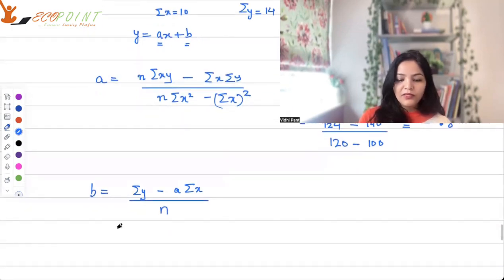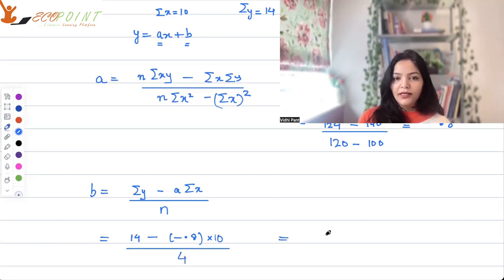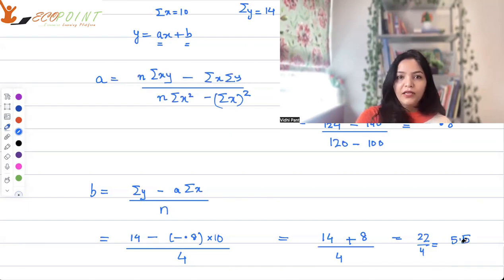So therefore, B is equal to 14 minus 0.8 into 10, whole thing upon 4, and that is equal to 14 minus 8, minus plus, so plus 8 upon 4. So that's going to give you 22 upon 4, and that is 5.5.